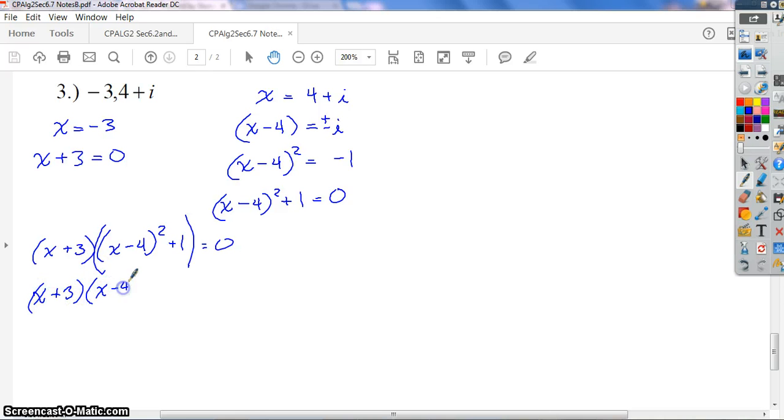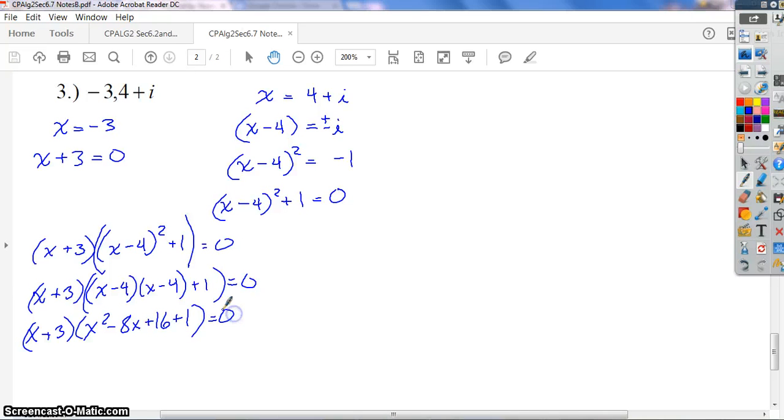So this is x minus 4 times x minus 4 plus 1. Okay, so we have a little bit of FOILing to do. This is going to be x squared minus 8x plus 16 plus 1. So this is x plus 3 times x squared minus 8x plus 17.